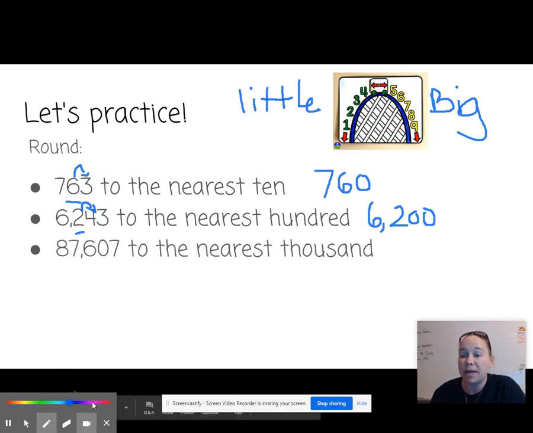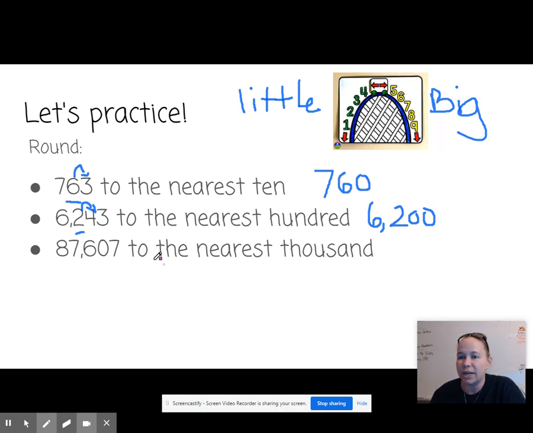All right, let's try the next one. I'm going to change my pen color just because. Why not? To the nearest 1,000. Okay, so ones, tens, hundreds, 1,000. We're going to underline the 7. We're going to look to the right. It's a 6. Is the 6 a little number or a big number? Yeah, the 6 is a big number. So 0 to 4, we stay on the floor. 5 and above, a 6 is above 5, right?